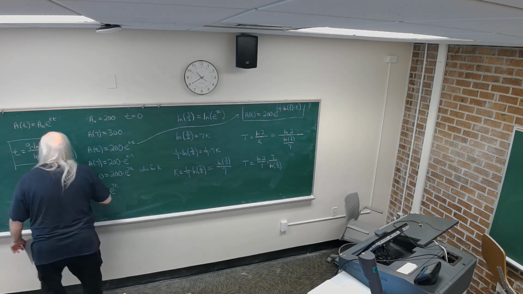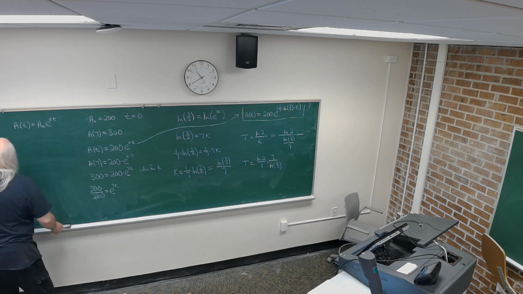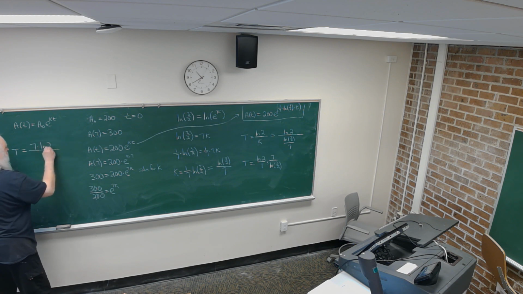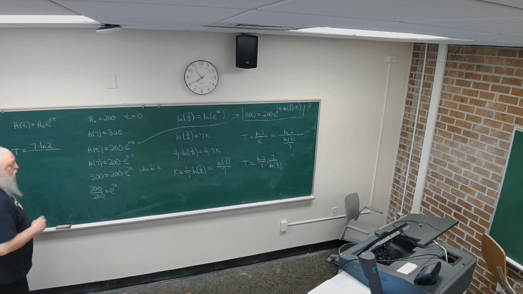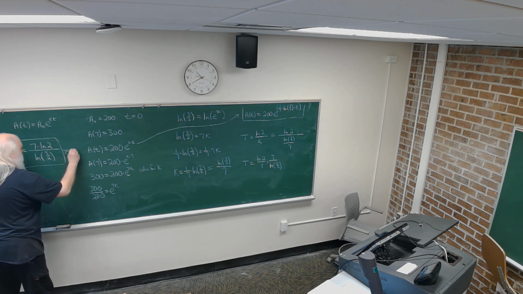And when you simplify for capital T, you get 7 times the natural log of 2 over the natural log of 3/2. And that's in years.